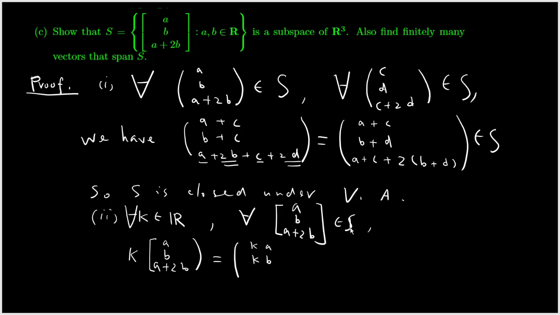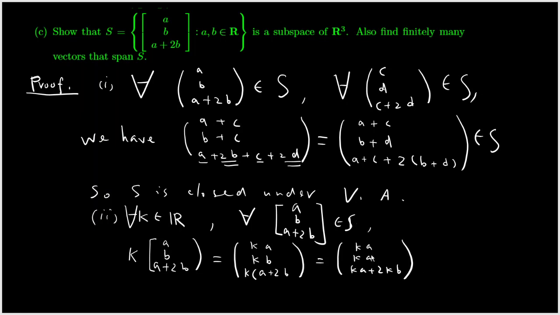The third component, according to the definition of scalar multiple, is k times a plus 2b. I will try to write it in two steps. The third component can be rewritten as ka plus 2kb.